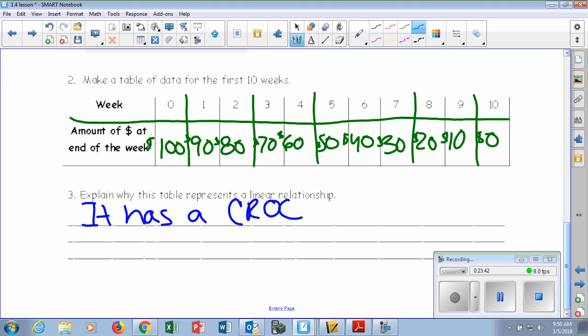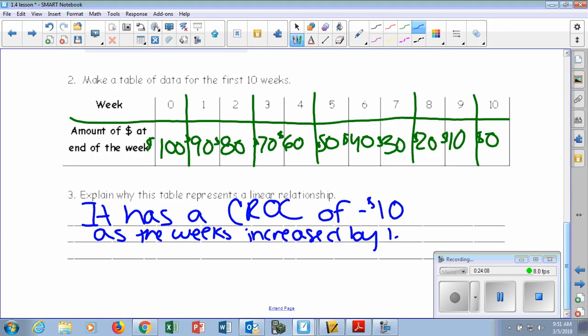A constant rate of change of, I'm going to say negative 10, Lily, because yes, it's going down by $10, but if I just say 10, that shows that it's decreasing because I have that negative there. It's going down by $10 as the weeks increased by 1. So, as our money goes down $10, the weeks are increasing by 1.